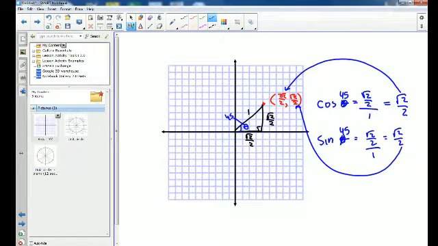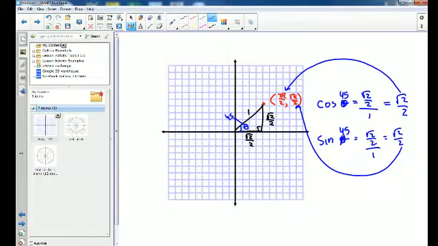Do you understand this? I used cosine and sine along with the coordinate plane, is what I've done here. So when your hypotenuse is 1, will your cosine always be the x value? Yes, always. That's the beauty of this.